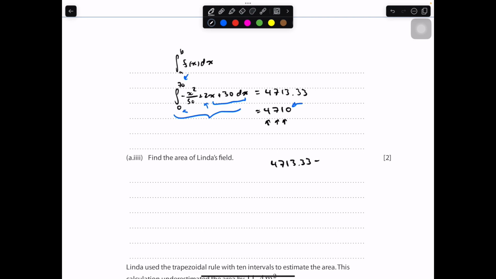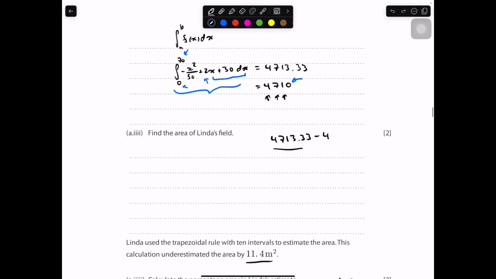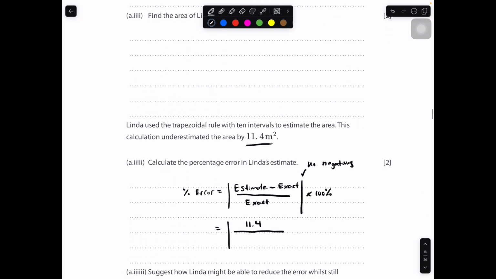Actually, no, it's 11.4, so a little different. But essentially, the difference between estimate and exact is 11.4. Above or below, we don't know. So it's best to just write the difference is 11.4. And the exact is 4713.33. We can put more 3's and so on, times 100%.